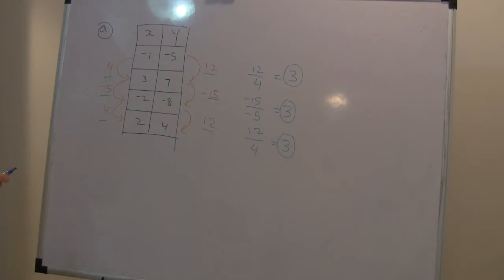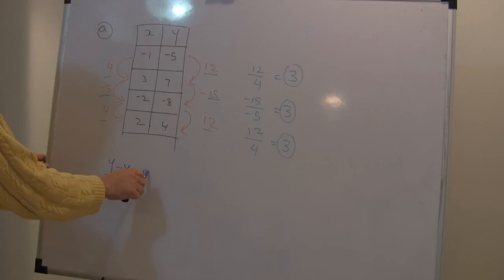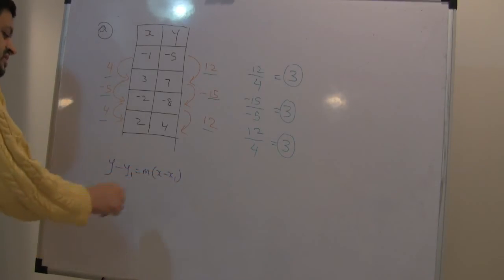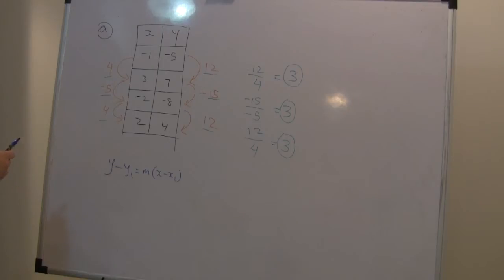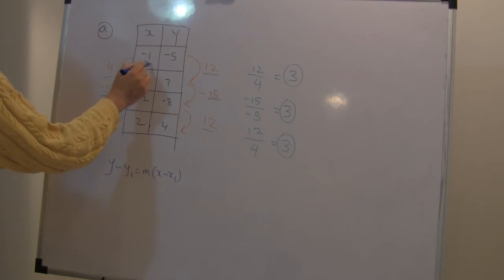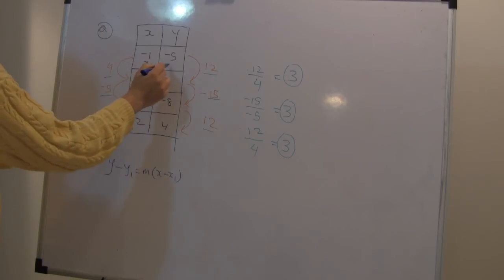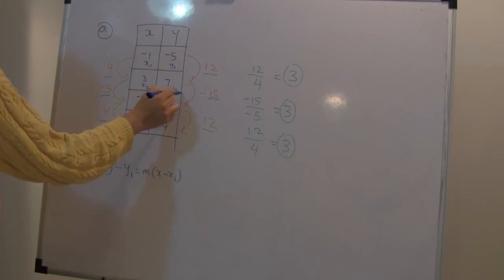Now let's use the equation y minus y1 equals m times x minus x1. This is the point-slope form. Let's say this is x1, x2 and this is y1, y2.